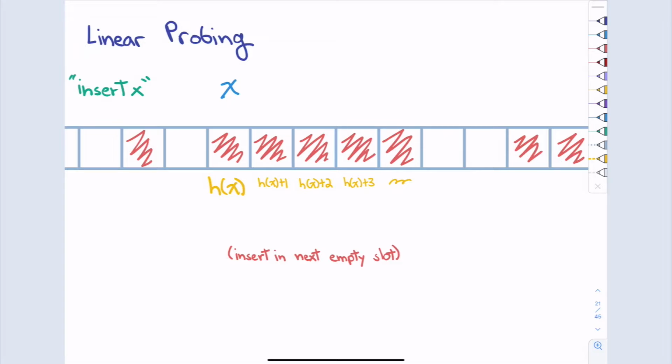All the constants are ideal. You're never getting a cache miss. So the idea is that if I want to put x here, but I find it already occupied, then I start scanning down the list until I find an empty slot, and then I put x there.